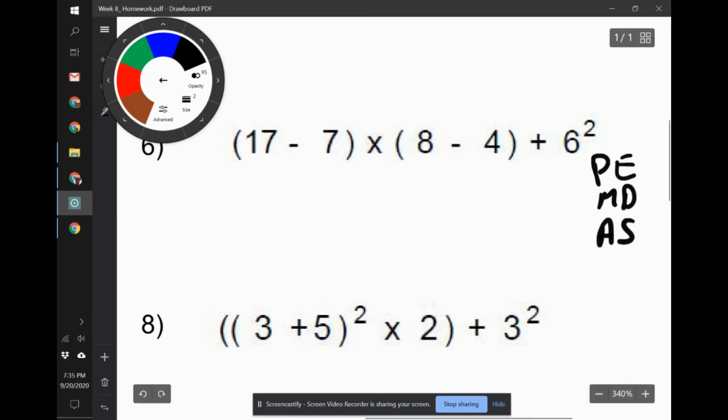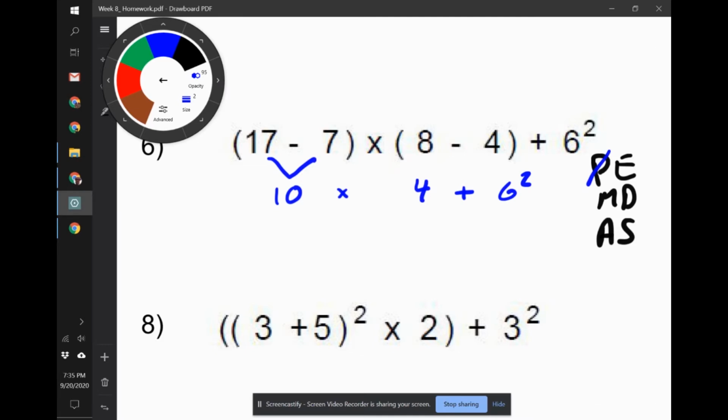So I'm just going to do what's in this first set of parentheses, do what's in the second set of parentheses, and parentheses are done. Then we go to exponents.